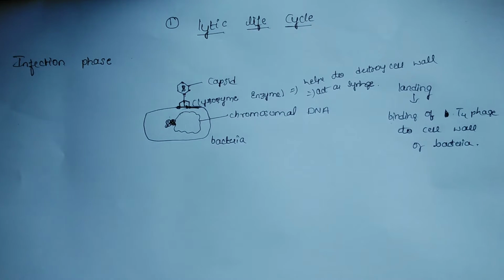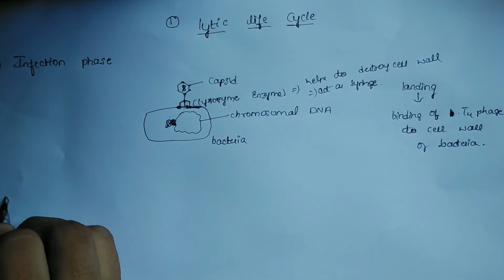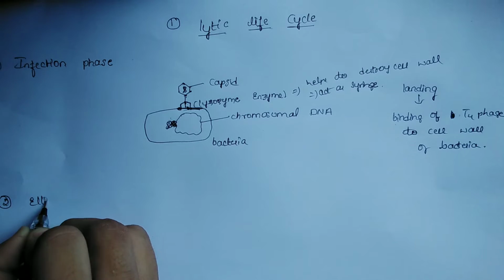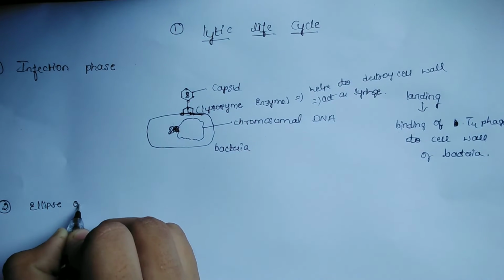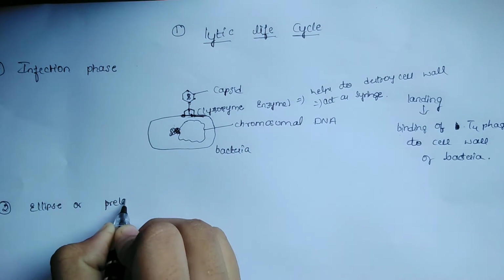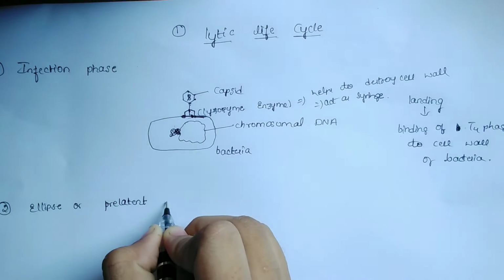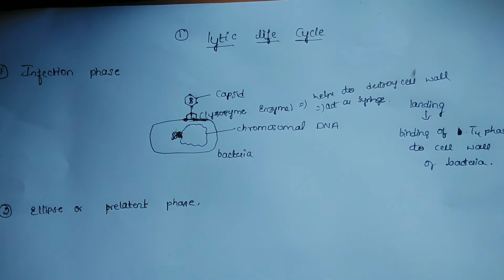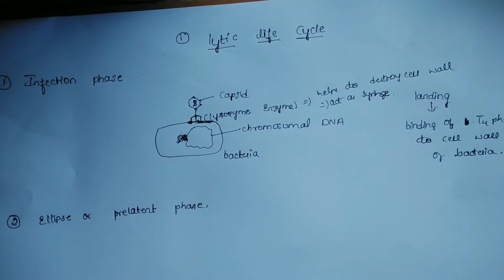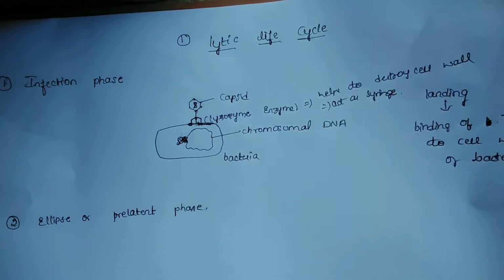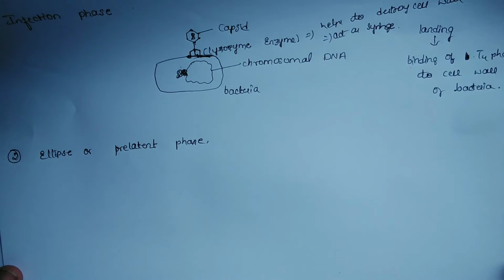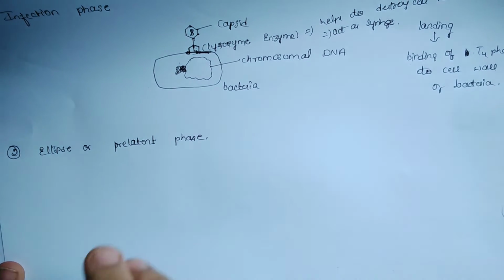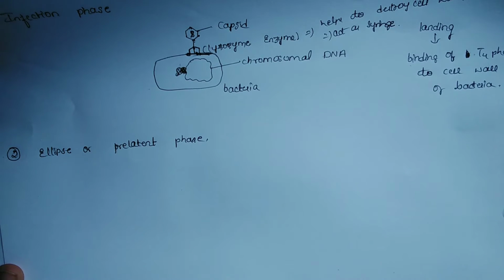Second one is the eclipse phase, or we call it the pre-latent phase. So what happens in this phase? Following changes take place in this phase.